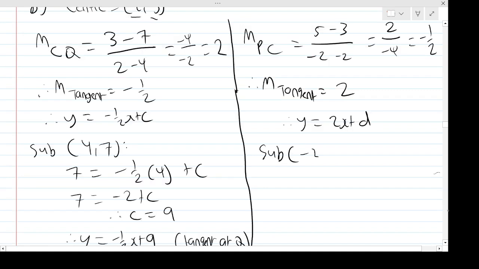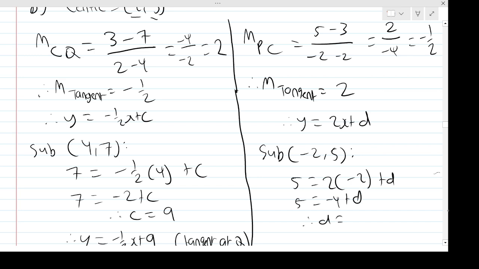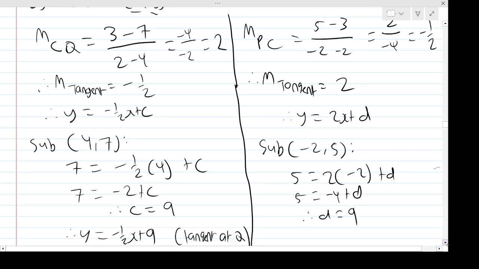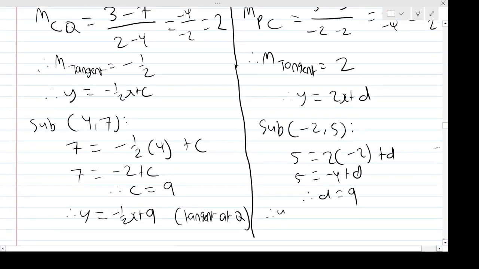So I can substitute that into here. And so, well, y is 5, 2x, x is minus 2, plus d. Therefore, 5 is minus 4 plus d. So d would be plus 9 if I add 4 to both sides. Therefore, we've got the equation y is 2x plus 9, and that's the tangent at P. Cool. There we are.